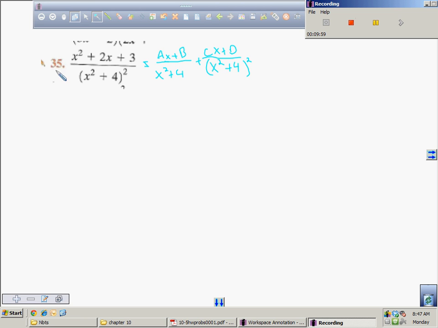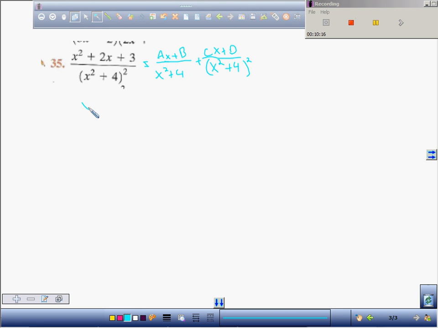Okay? So then I'm going to multiply both sides by this. When I do that, I get, on the top over here, x squared plus 2x plus 3, right? I'm just multiplying by this.